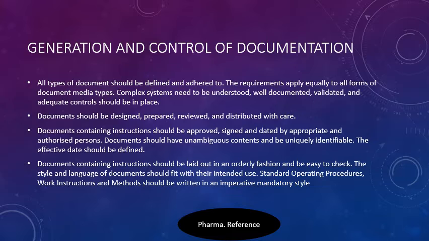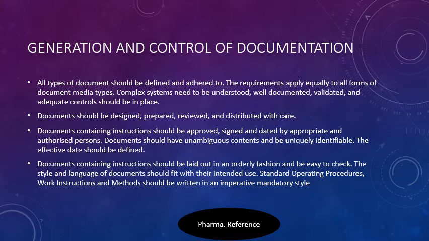Generation and control of documentation. All types of documents should be defined and adhered to. The requirements apply equally to all forms of document media type. Complex systems need to be understood, well documented, validated, and adequate controls should be in place.